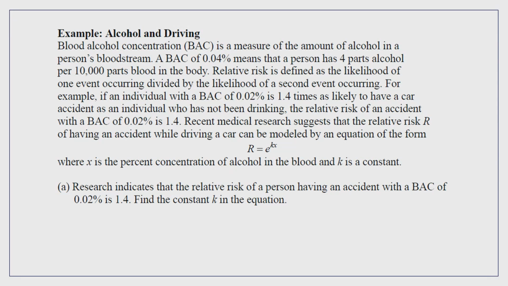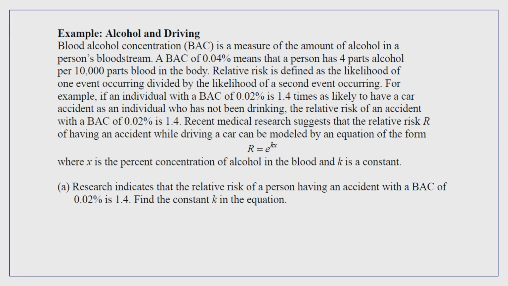Okay, our word problem, focusing on alcohol and driving. Blood alcohol concentration, BAC, is a measure of the amount of alcohol in a person's bloodstream. A BAC of 0.04% means that a person has 4 parts alcohol per 10,000 parts blood in the body.